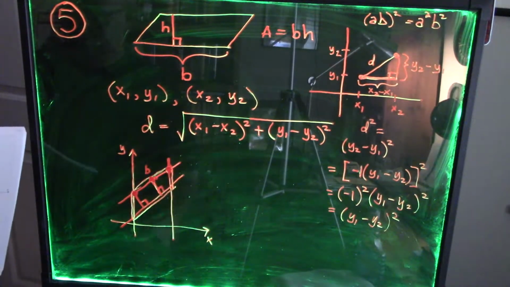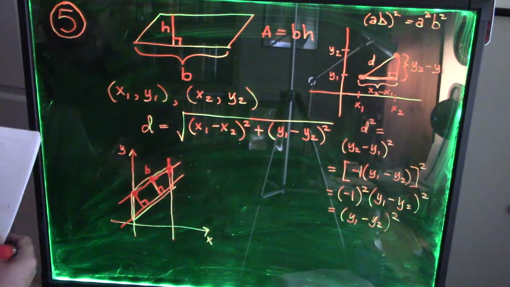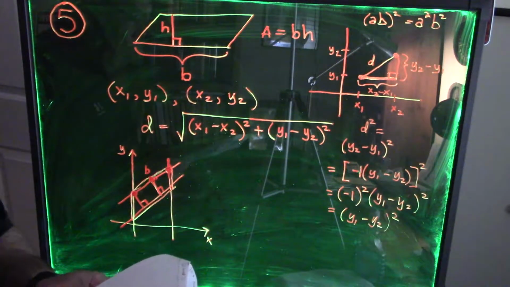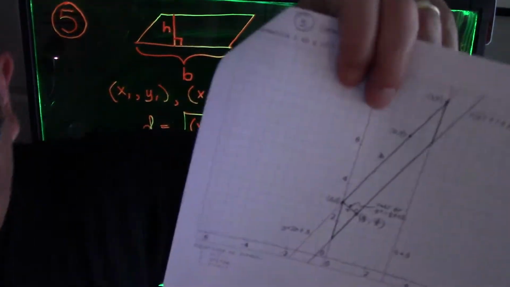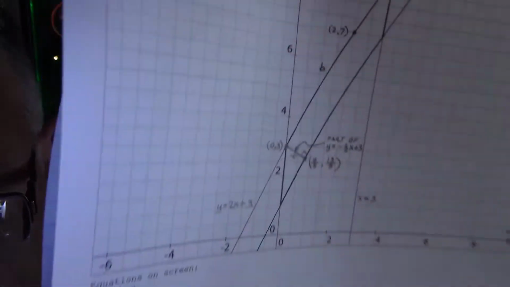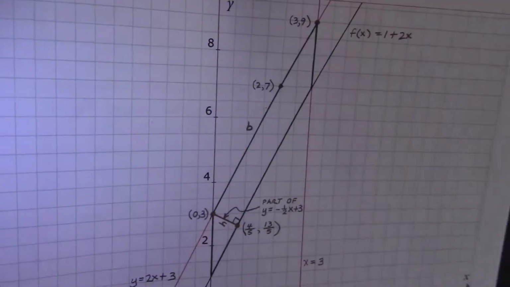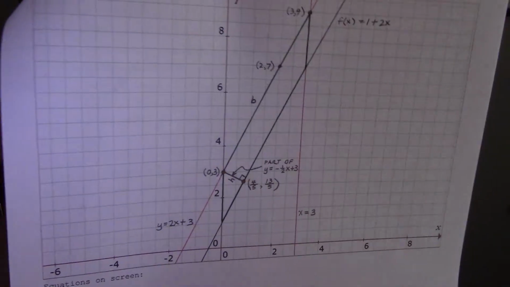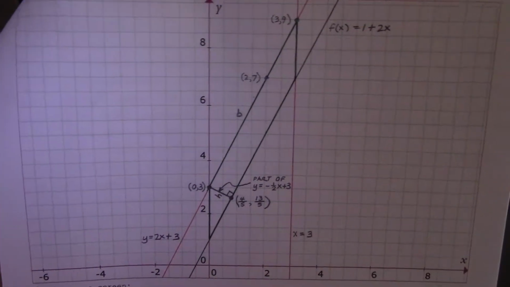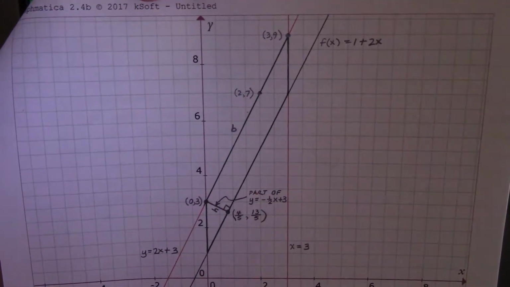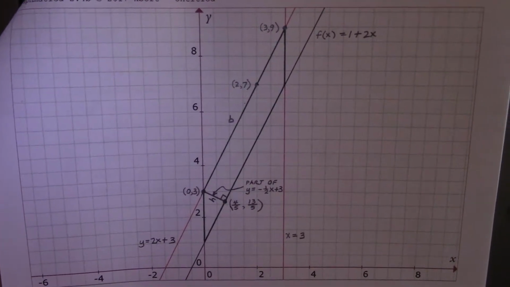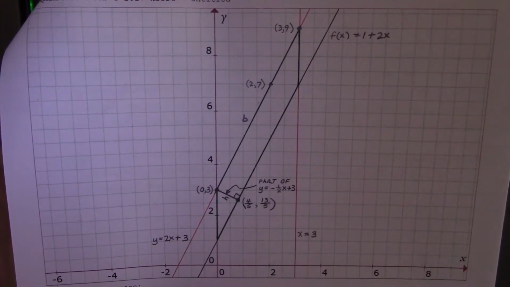Here is a more precise picture that I used my computer to draw of the situation. You'll notice that I've already put formulas on there, but I'm going to show you how to get those formulas in a second.